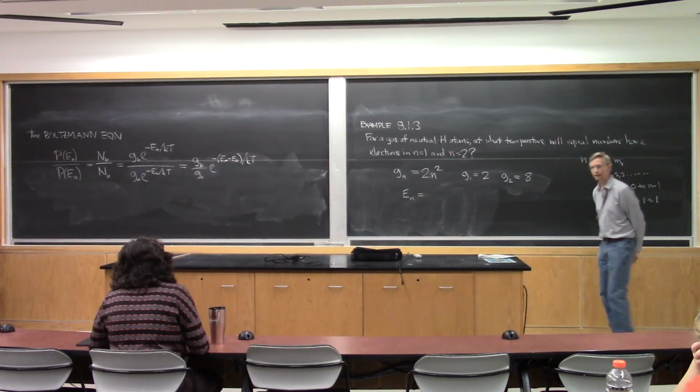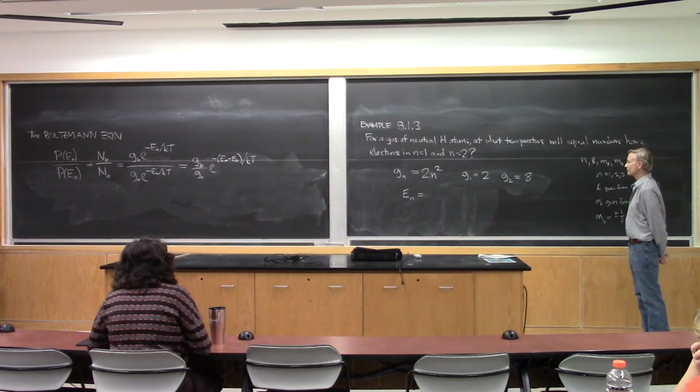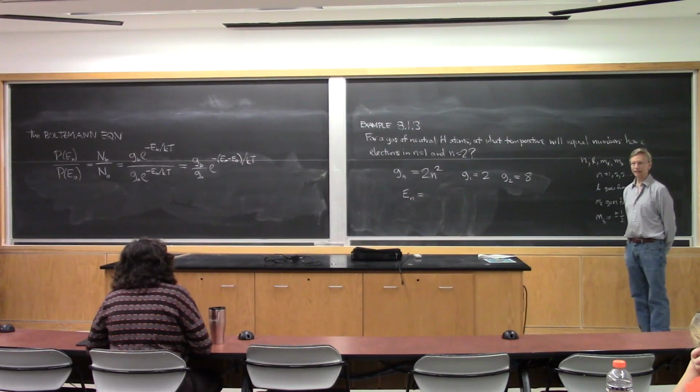To an operative approximation, the energies only depend on n, and they're given by that formula, which, man, you should know. You shouldn't have to look this up. What's E sub n? It's minus how many electron volts over what?